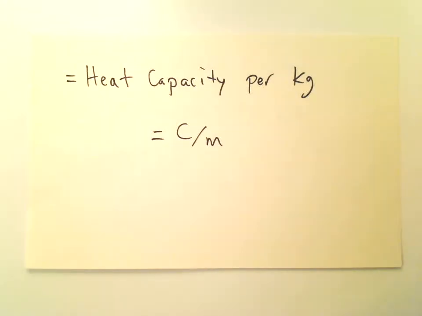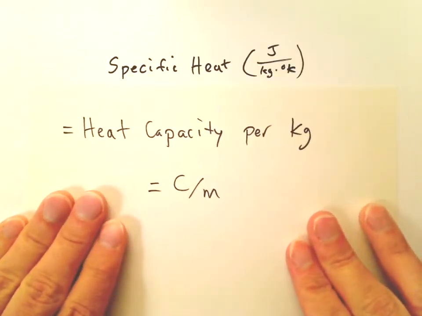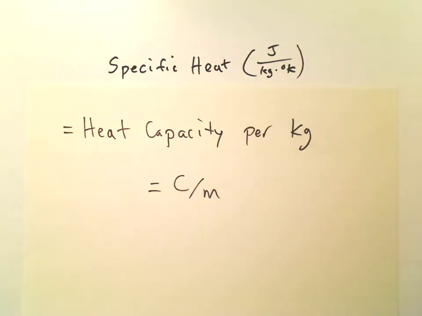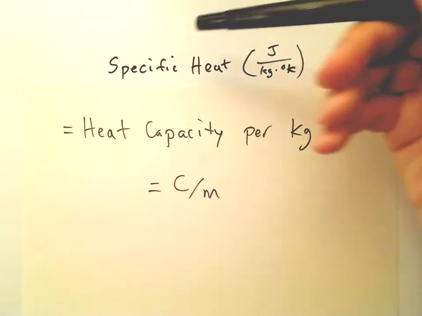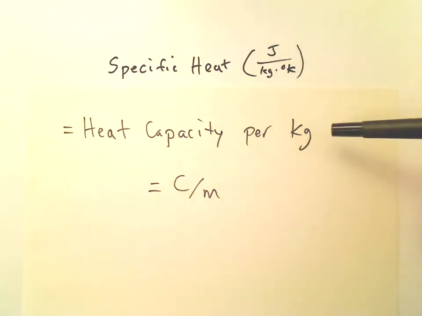When we know the heat capacity of some specific standard mass, could be a kilogram, could be a gram, we call that specific heat. Specific heat is simply the heat capacity of a certain mass. I suppose it's specific in the sense that we specify the mass. Could be kilograms, could be grams. Chemistry people tend to prefer grams. Physics people tend to prefer kilograms.